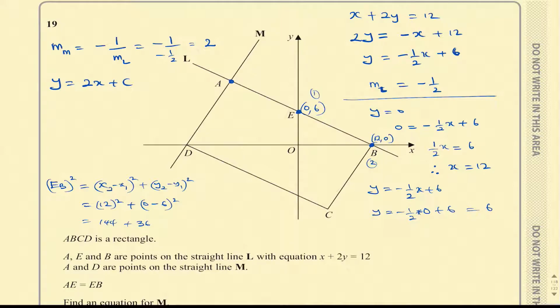That's 180. So therefore EB squared is that, which implies that EB equals the square root of 180.